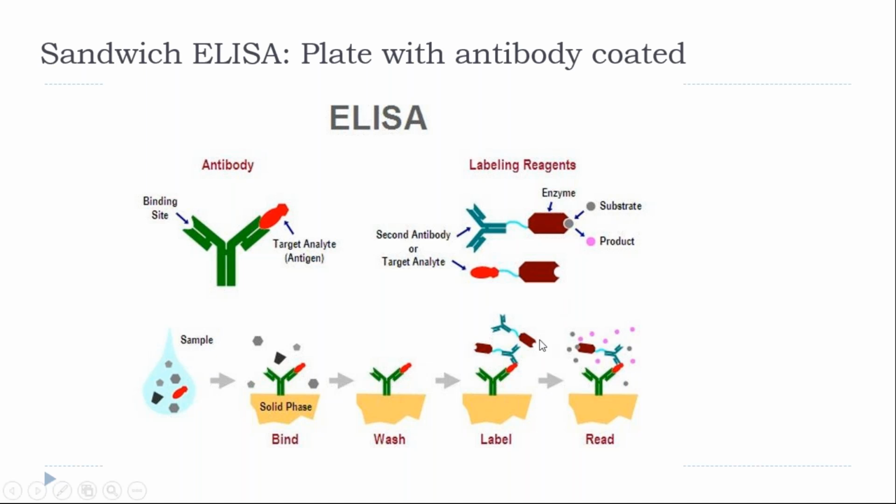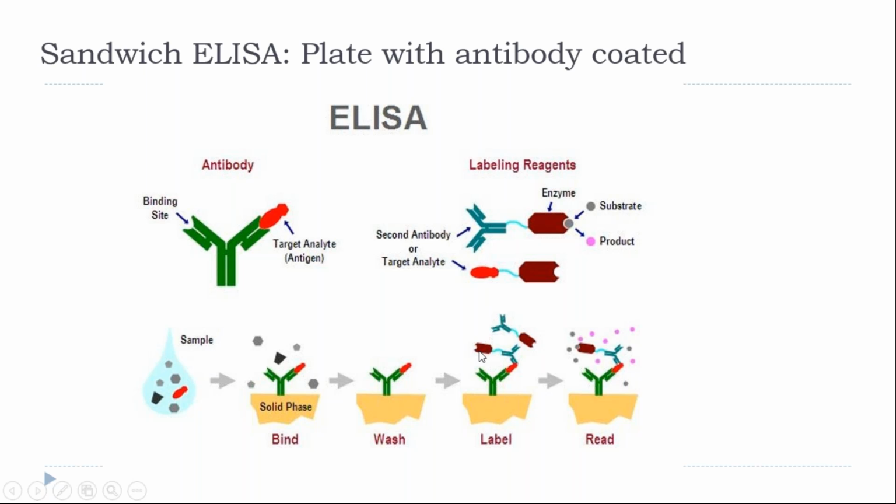Then you add a secondary antibody which is conjugated to an enzyme like horseradish peroxidase, beta galactosidase, or alkaline phosphatase, which will produce a color.